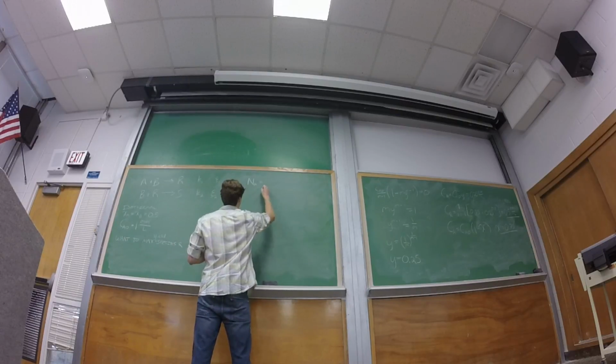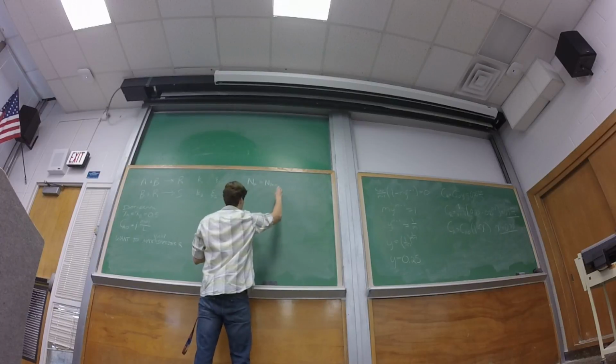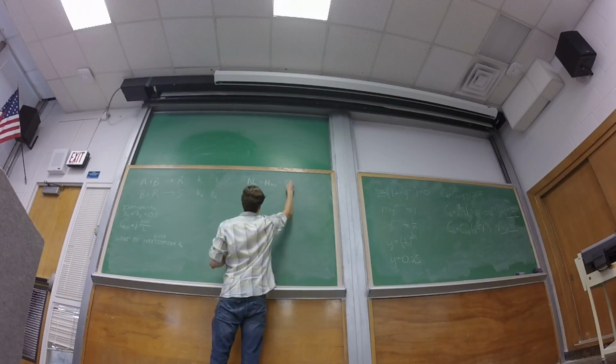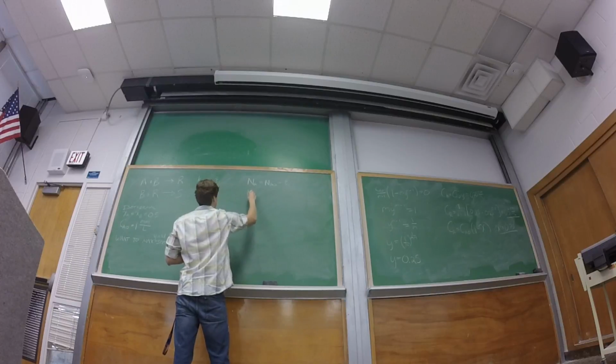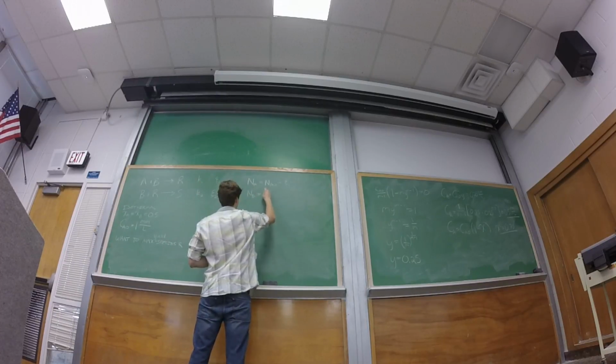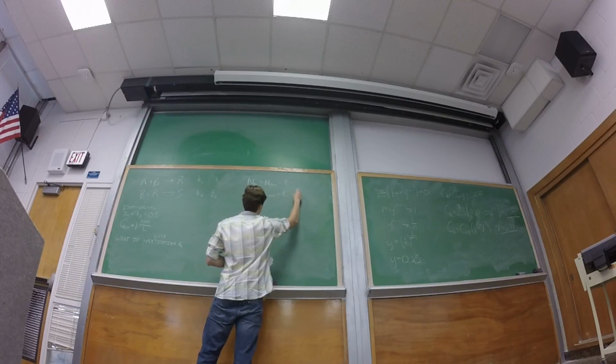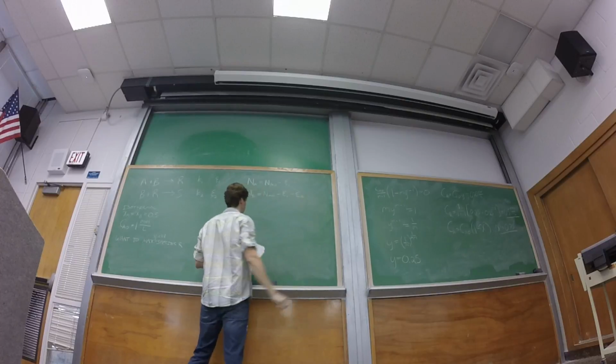So NA is equal to NA naught minus the extent of reaction 1. NB is equal to NB naught minus extent of reaction 1 and extent of reaction 2.